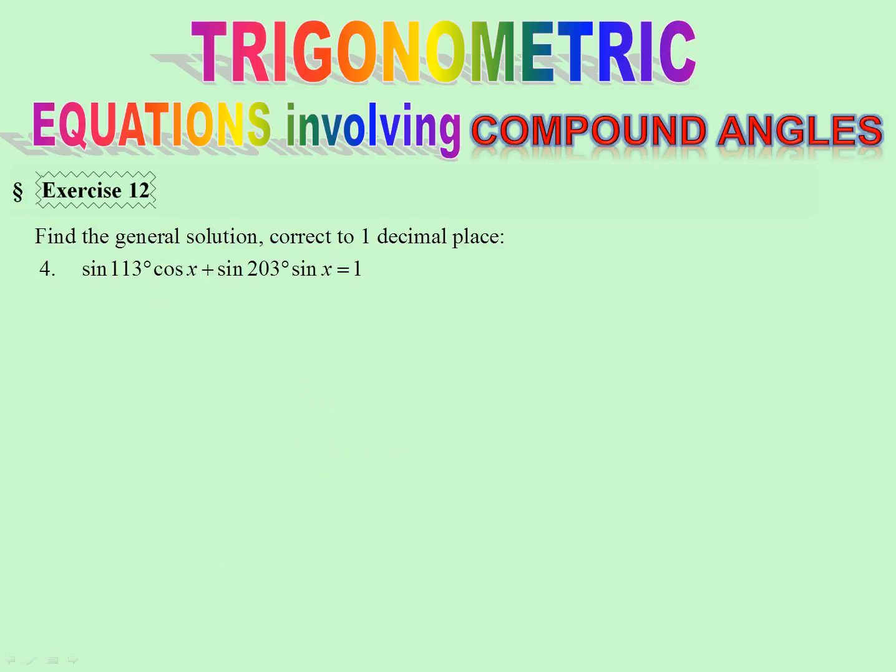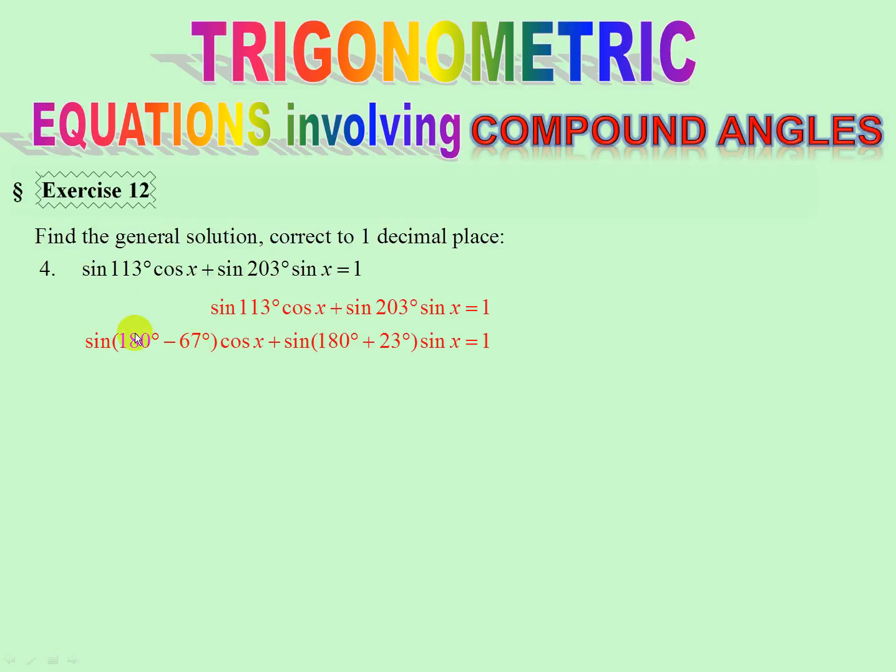Let's have a look at the next one. This looks terrible, but hopefully you're in the habit of knowing that if nothing else, you must first reduce these angles, 113 and 203. So 113, I'm going to say, is 180 minus 67.